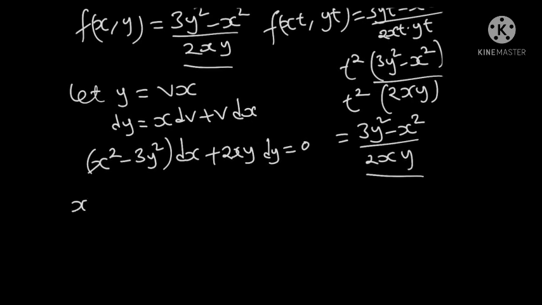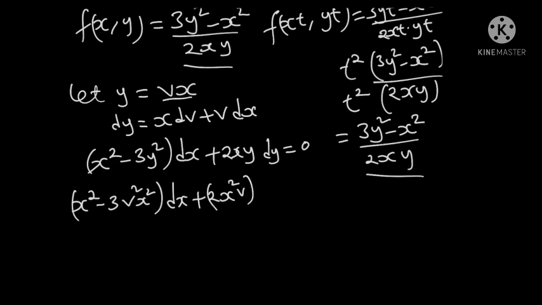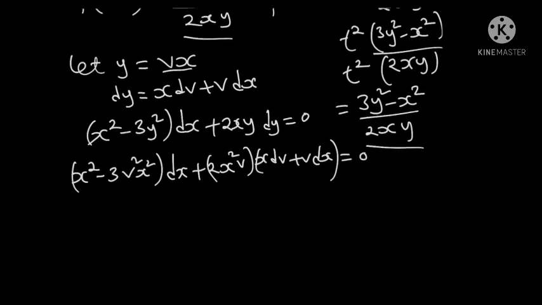So we have x squared minus 3, y is equal to vx, so y squared will be v squared x squared, dx plus 2xy, y is vx, so x times x will be x squared v, dy is the same as x dv plus v dx. And this should give us 0.